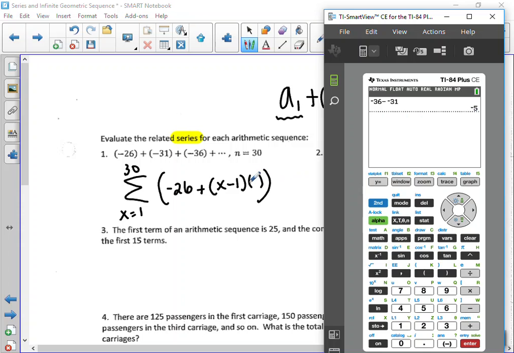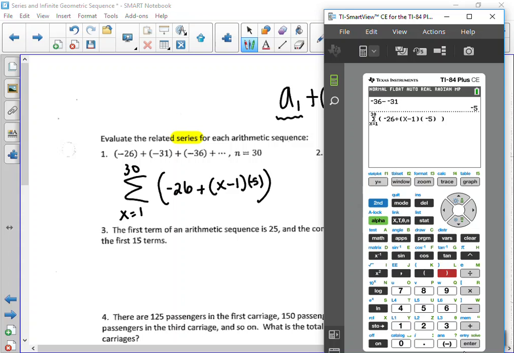Good job. So you plug these numbers in, and now you can just put this in your calculator to find the answer. So math 0 x. If n is easier, you can put n down here. To me, x is much easier. Negative 26 plus parentheses x minus 1, and then common difference was negative 5. Please put the common difference in parentheses.